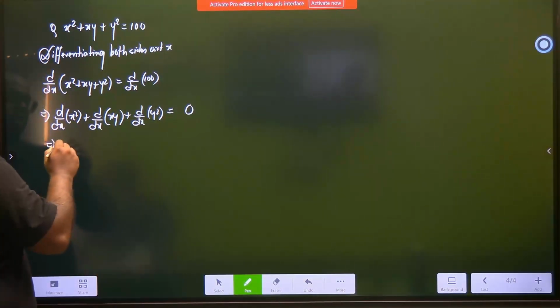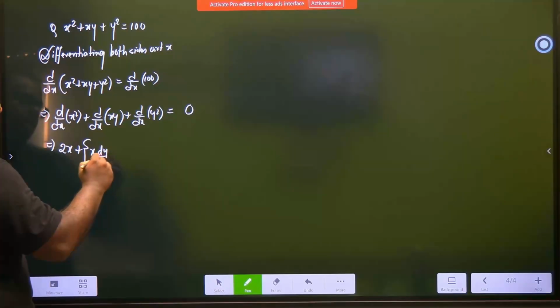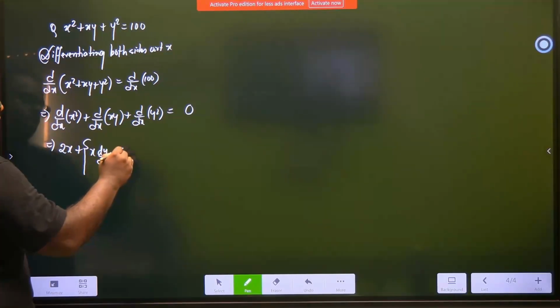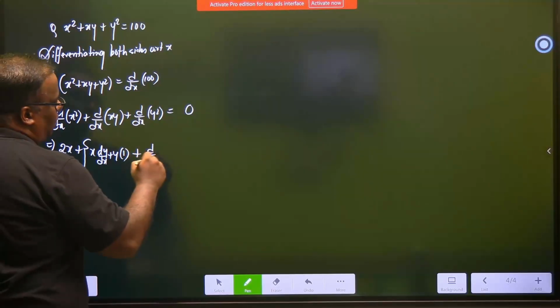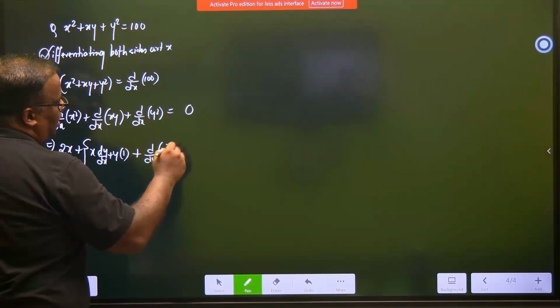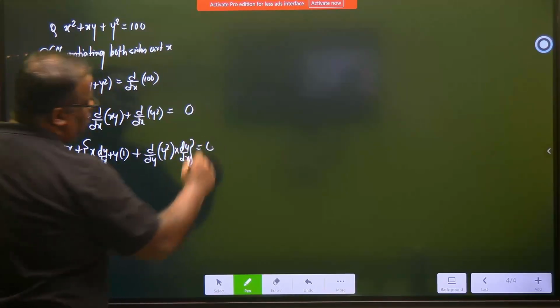d/dx of x square is what, beta? 2x. Here again, product rule: x dy by dx plus y into 1, plus d/dy of y square into dy by dx is equal to 0.